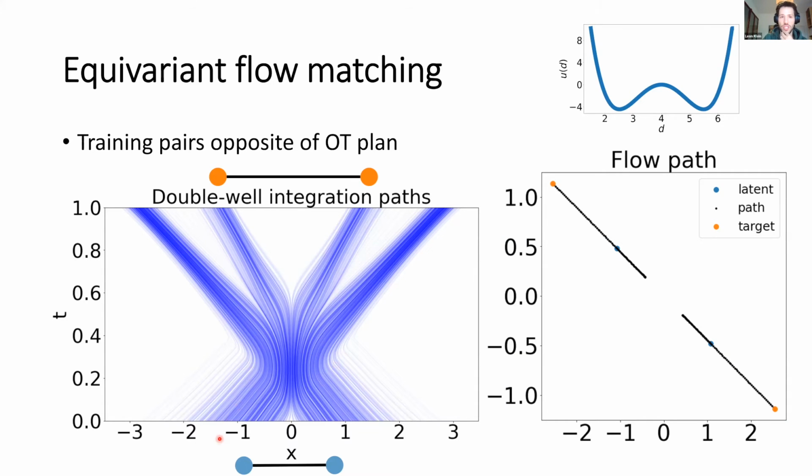At some point, it'll just change the direction for the particle and send it back. Sorry, it's permutation equivariant, yes. Yeah, thank you. You're welcome. Good question.